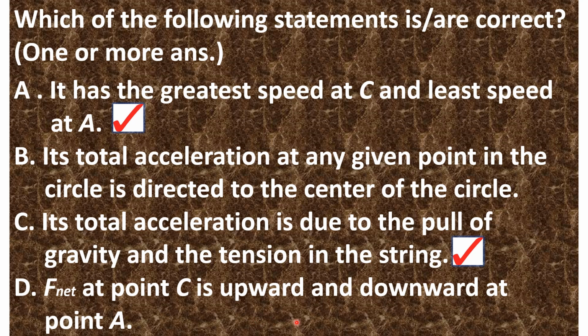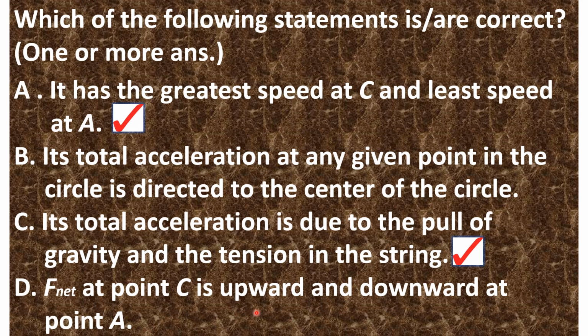The net force is the centripetal force, which by definition is always directed towards the center. And at the highest or topmost point around the circle, that is point A, both the tension and the pull of gravity are directed downwards towards the center.